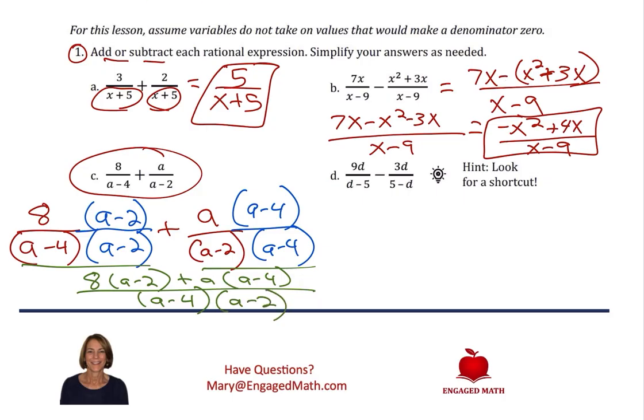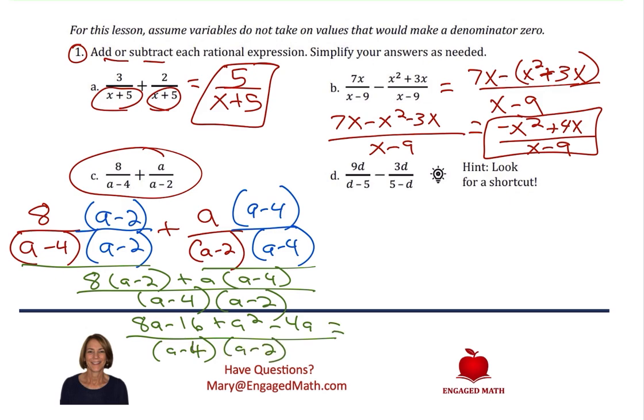From there, we can multiply some things out and make it a little neater. You don't have to multiply out that denominator. It's already factored, but we're going to combine some terms in that numerator. So I basically have 8a minus 16 plus a squared minus 4a, all over a minus 4 times a minus 2.